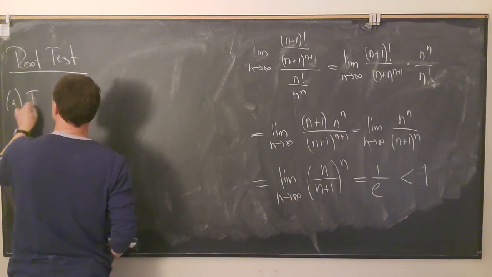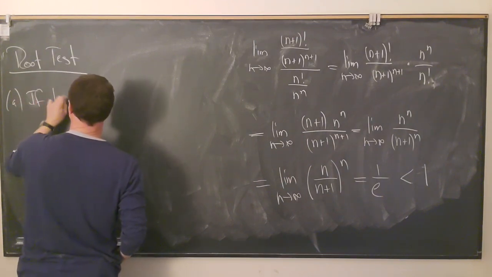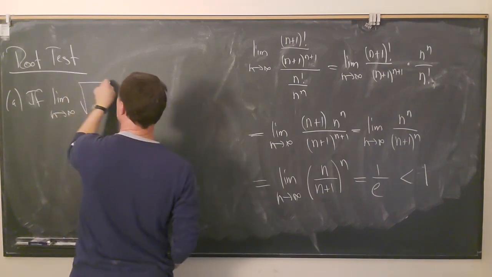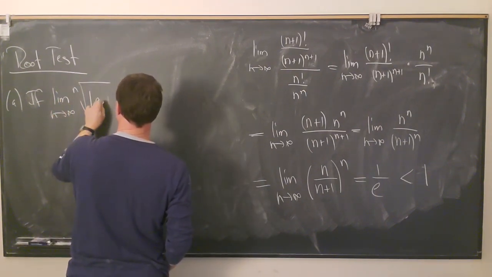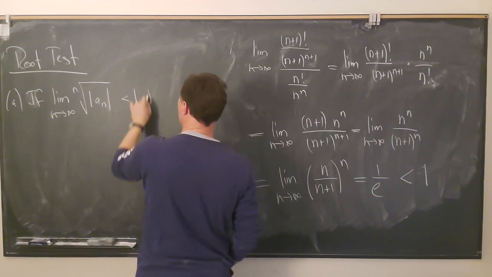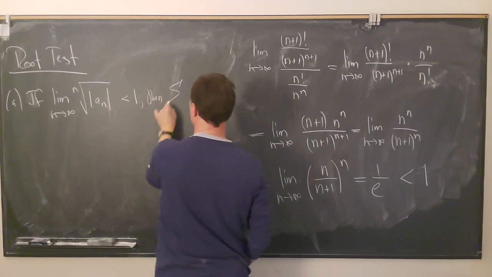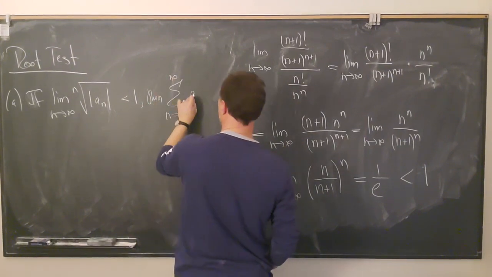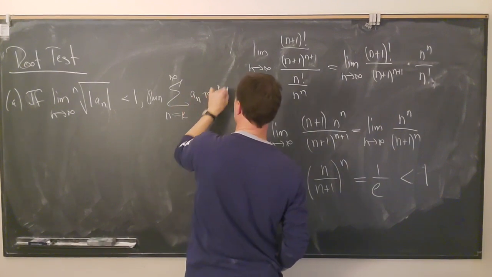If the limit as n goes to infinity of the nth root of the absolute value of a sub n is strictly less than 1, then the original series sum n equals k to infinity of a sub n is absolutely convergent.